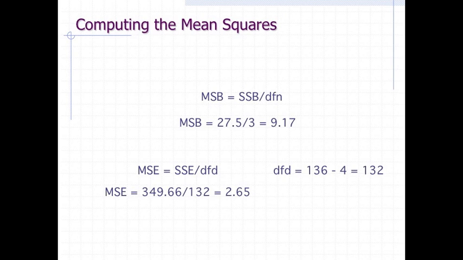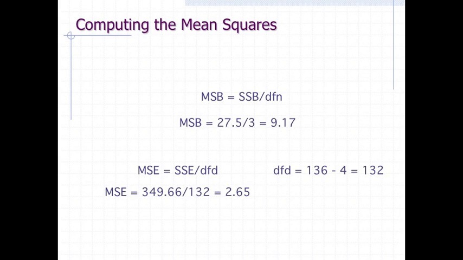Similarly, MSE equals SSE over DFD, where DFD is the degrees of freedom of the denominator and is equal to n minus k. For the smiles and leniency data, there are 136 total subjects and 4 conditions, so DFD equals 136 minus 4, which equals 132.